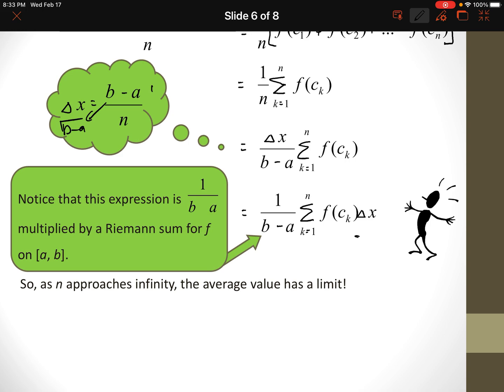And all I've done is move that delta x inside the sigma, and then that becomes the Riemann sum.